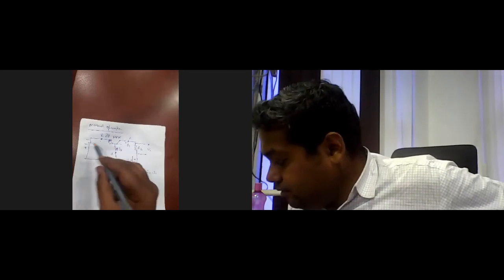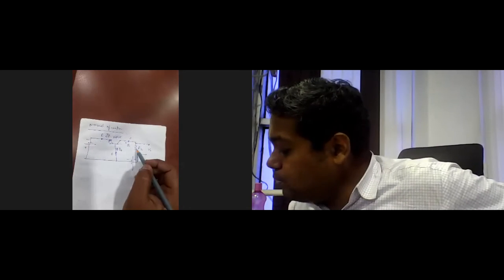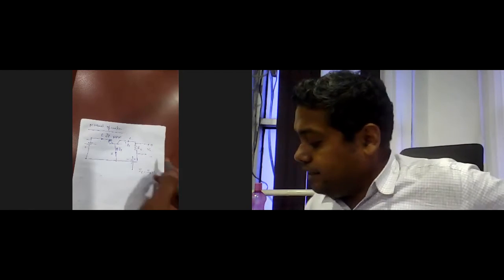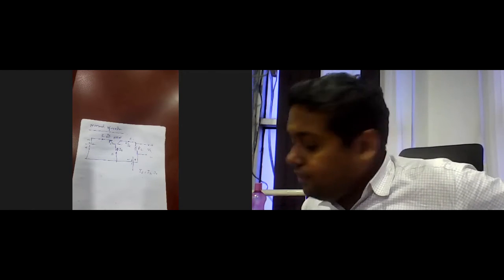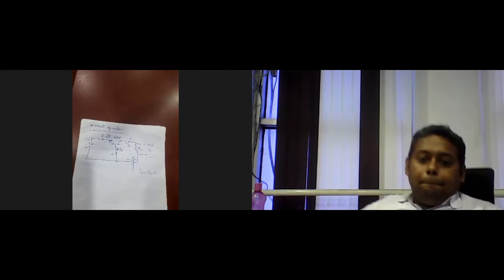So here for the normal operation, this is the input side and this is the output side, from the collector. Collector output we can take, this is the output side. For this operation, can you define the input side? Is it forward bias or reverse bias?